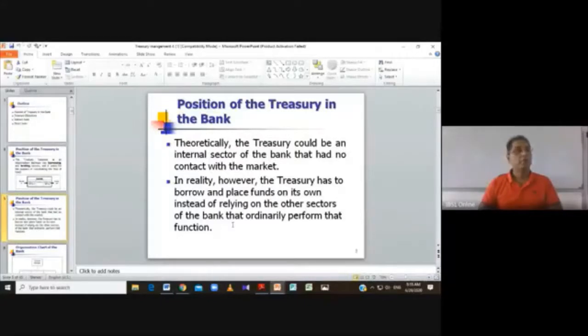So although the treasurer doesn't sit and face clients like corporate clients and retail clients, he does have a way of making sure that all the money generated and all the money deployed is going to the most efficient sources and efficient deployment in terms of the return for the bank. And also taking into account the liquidity and all that as well.